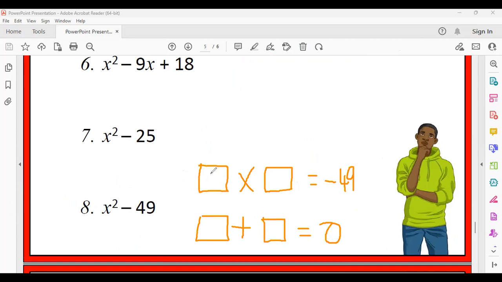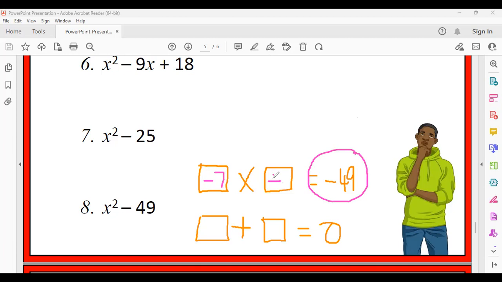So 49 cannot have the same sign, because the same sign means you're going to have a positive number. So it has to be a different sign. And you know the factor for 49, 7 and 7. So one has to be a positive 7 and the other one has to be a negative 7. Understand? You can even say, I want to write the negative first. No problem.